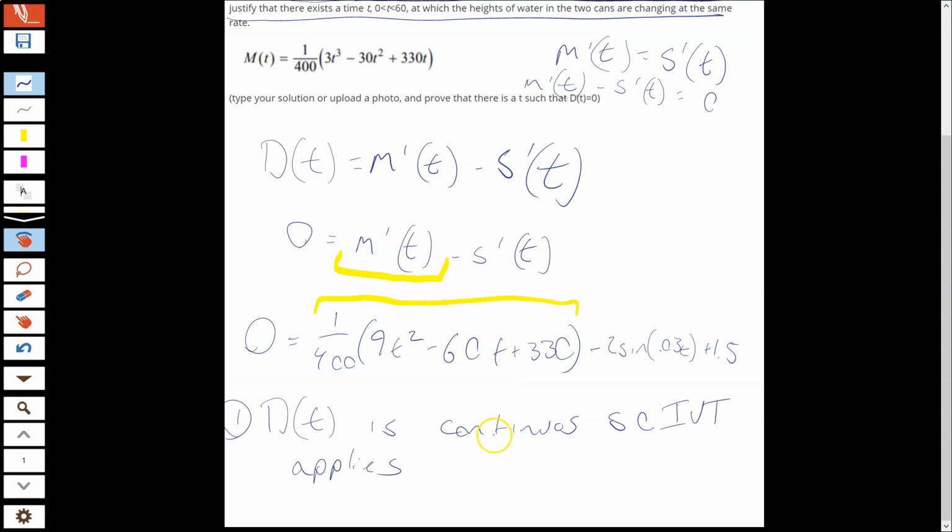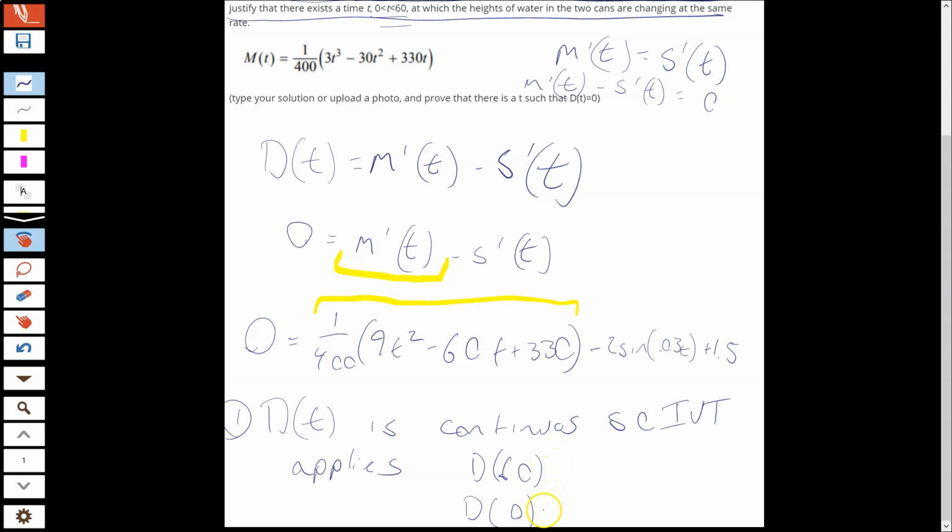So what we want to do is we want to find d of 60 and d of 0, because those are the two bounds of our interval, 0 to 60. And we can just do that on a calculator. So I type this function into my calculator exactly as I see it. I would use the graphing window and then just do calc and value is probably the easiest way to do it.